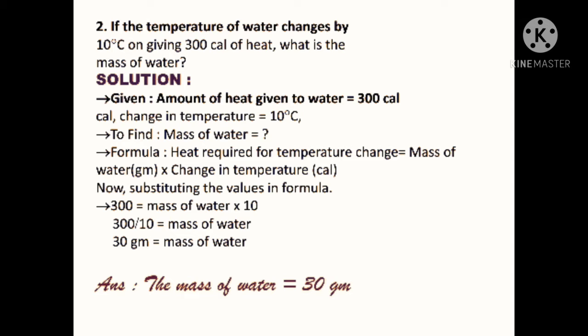We know the solution, students. 10 will come to the LHS side, where it will change its sign. It will become division. So 300 divided by 10 gives you 30. So we got the answer as 30 grams. So the mass of water, we found the value as 30 grams. It was easy, students, isn't it?